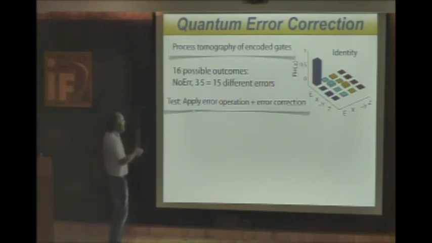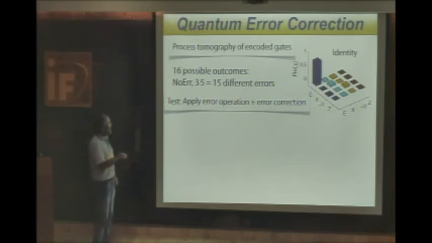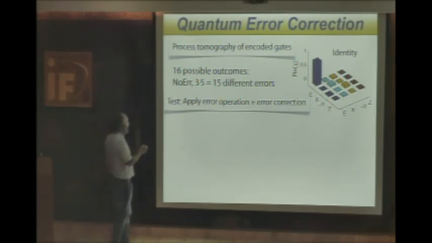I mentioned you need at least 5 qubits. Why is that? Well, you need to detect the possible outcomes of such an operation. If you have 5 qubits, in the ideal case you have no operation, which preserves the input state, or you have a single qubit error on one of the 5 qubits, and you have 3 different possible single qubit errors, so you have 15 possible errors, which gives you 16 possible outcomes.